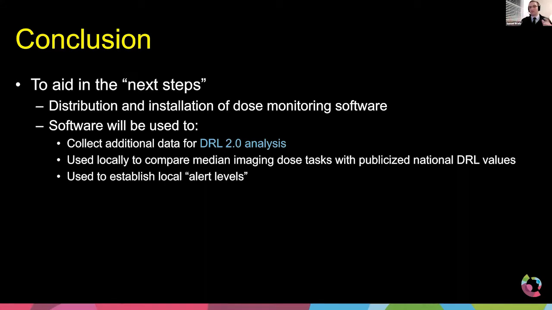There's no reason why this patient should have got 80 or 90 milligray, because we set the threshold for an alert value here, and we expect basically all of our doses to be lower than that. This is independent of and different from DRLs, but this is where you can start to get to patient-specific optimization. We will discuss alert levels and how we establish those as we go through each modality.